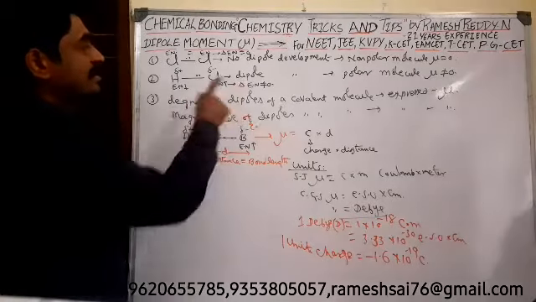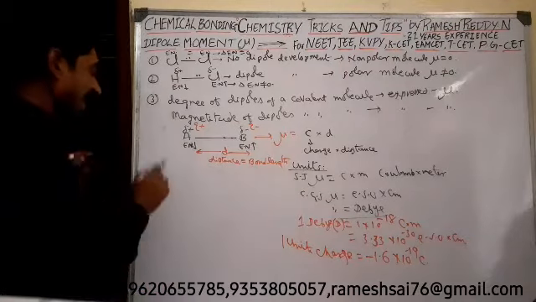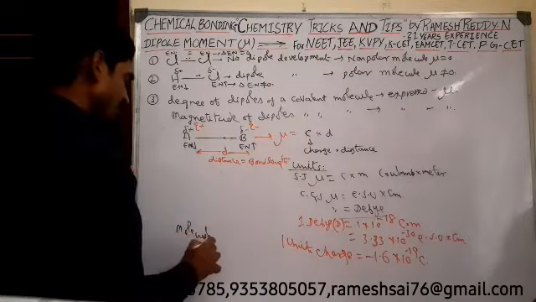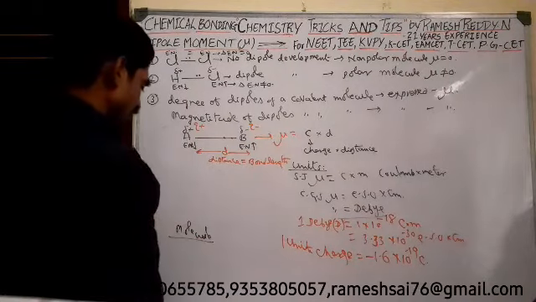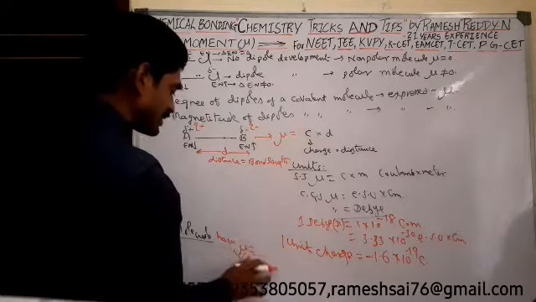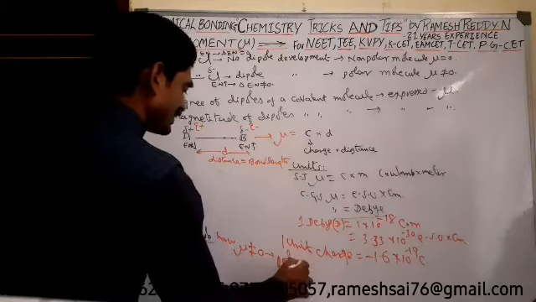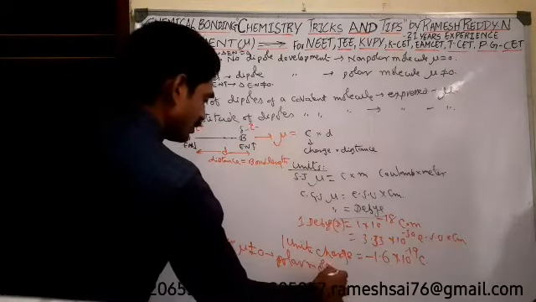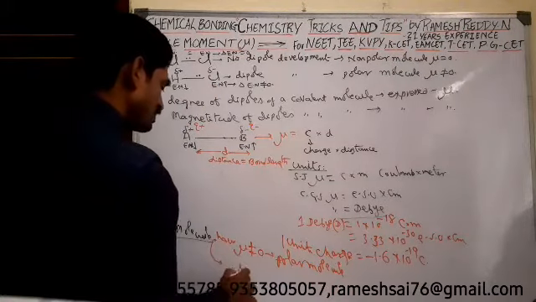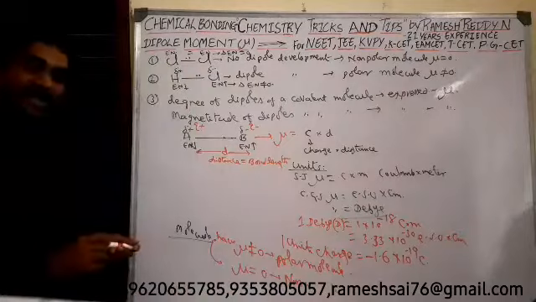That is the difference in electronegativity between two bonded atoms. If a covalent molecule has a dipole moment, some value that is not 0, then it is a polar molecule. If the dipole moment is equal to 0, then it is a non-polar molecule. Got it, my dear students?